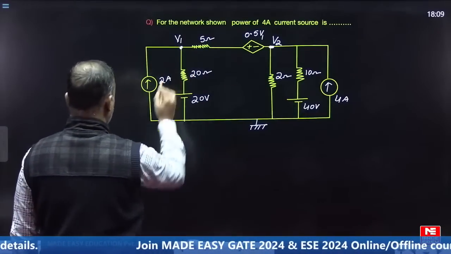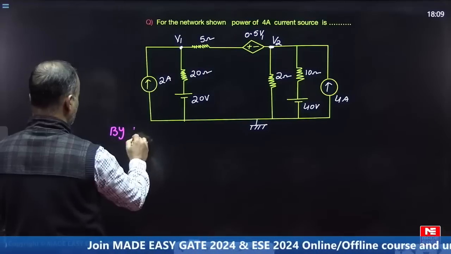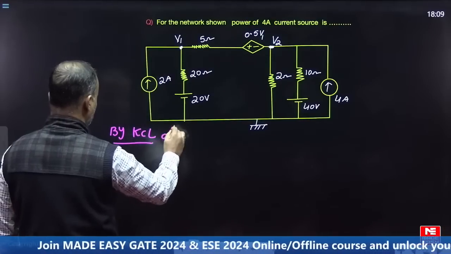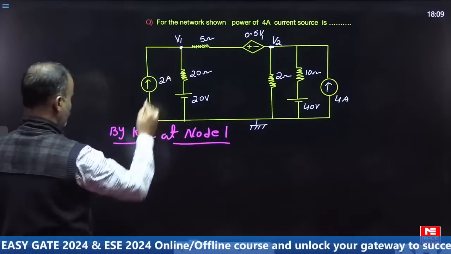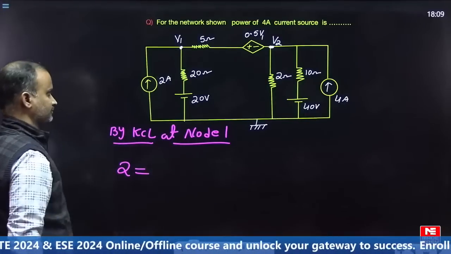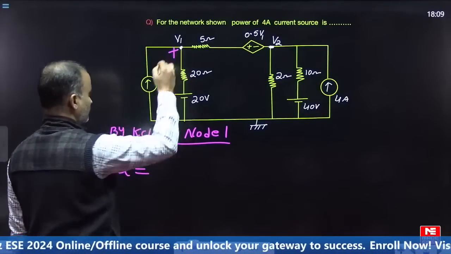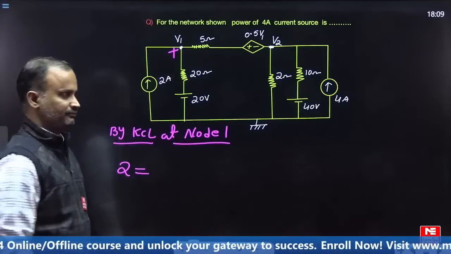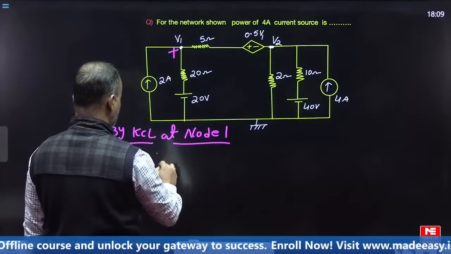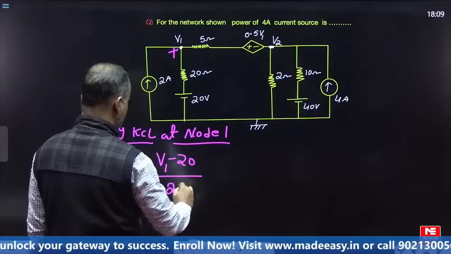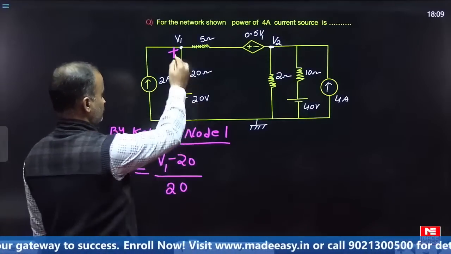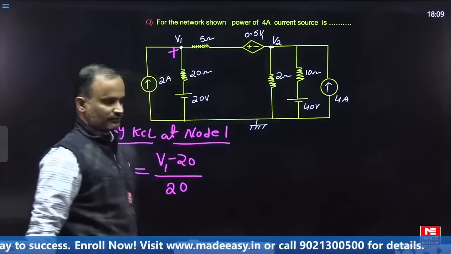If you apply KCL at node 1, the 2 amperes is the incoming current. With respect to ground potential, the polarity is plus. For the 20 ohm resistance, it is the outgoing current. But here we have to write the relation carefully.